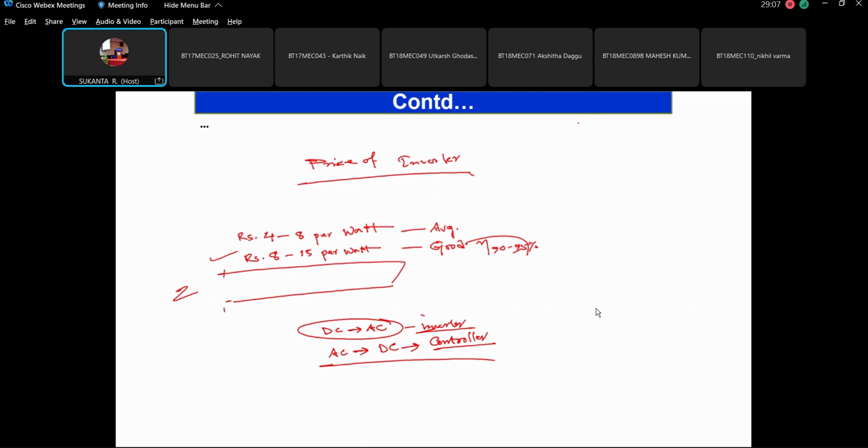Okay, that is fine. It converts DC power to AC power. Other than conversion, what does it do?